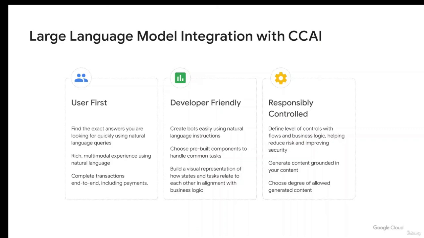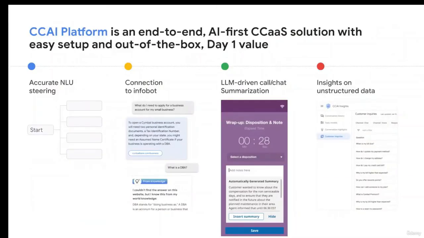So Google LLMs in CCI: the way you can use generative AI in CCI is through three principles. One is a user-first experience, which wows the users with the platform. The next is being developer friendly, generating high quality generative AI, and providing a platform where the response is controlled.